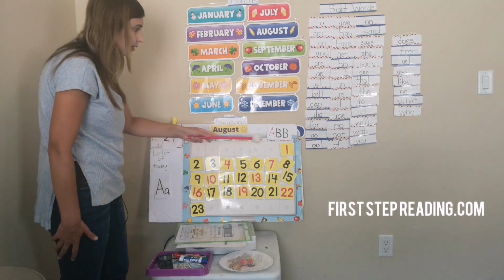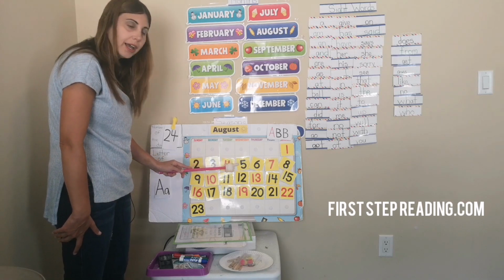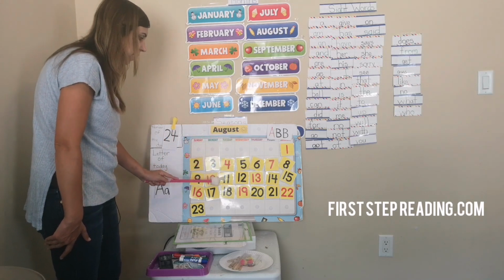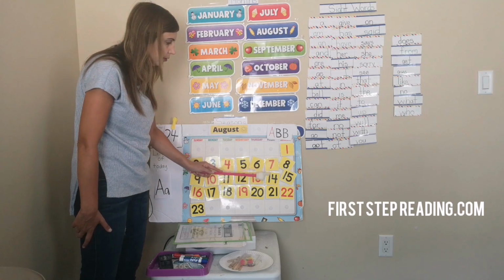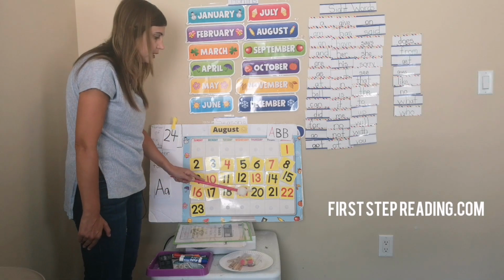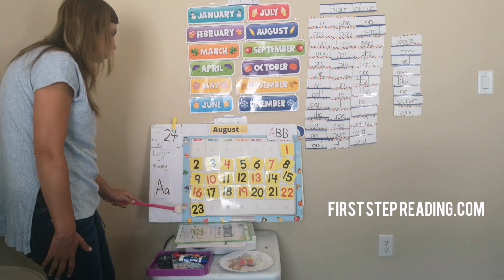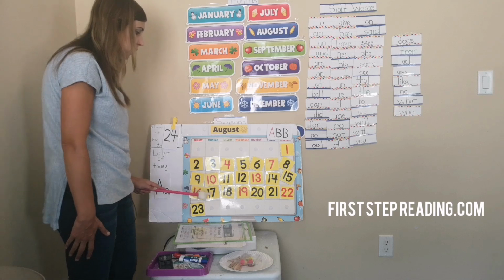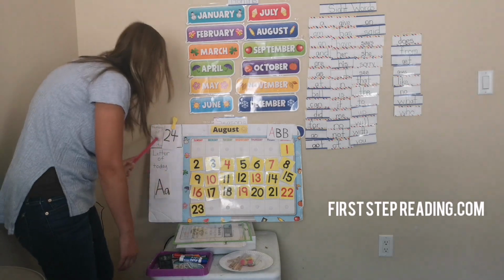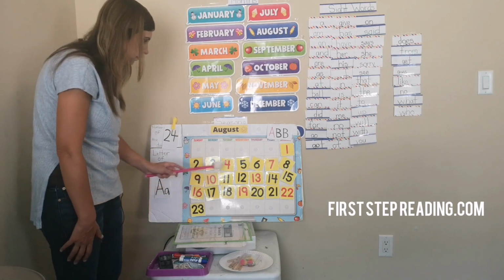So let's count together. 1, 2, 3, 4, 5, 6, 7, 8, 9, 10, 11, 12, 13, 14, 15, 16, 17, 18, 19, 20, 21, 22, 23. What number comes after 23? 24. A 2 and a 4 makes 24.